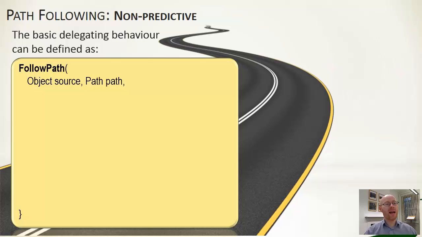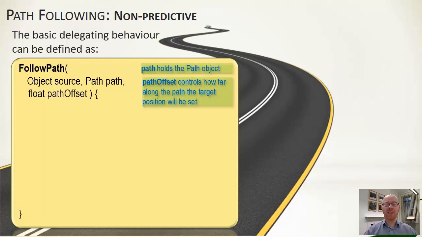Into that we're passing the object that is going to follow the path. And we're assuming that the path itself we have wrapped up within a particular class. So we have a class here called path that embodies or defines the actual path itself. We're also going to have a path offset, and this is a property that controls how far down the path we're going to seek towards.